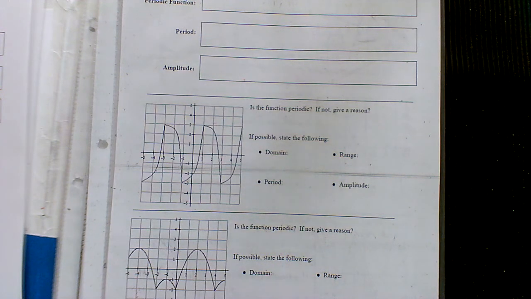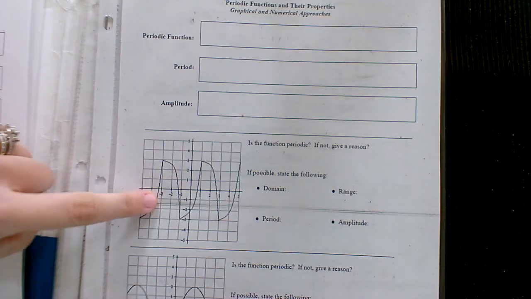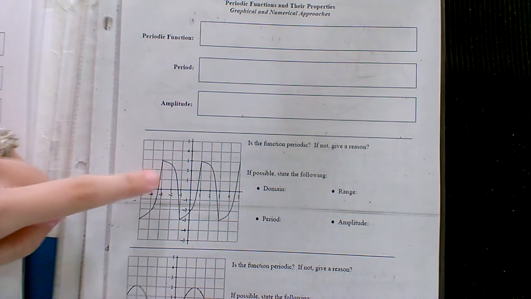You have the same piece being repeated every so often. So that's what basically a periodic function is. And we'll see what the sine, cosine, and tangent graphs look like later. They're periodic as well. But these are just examples of periodic graphs. These are not trig graphs.